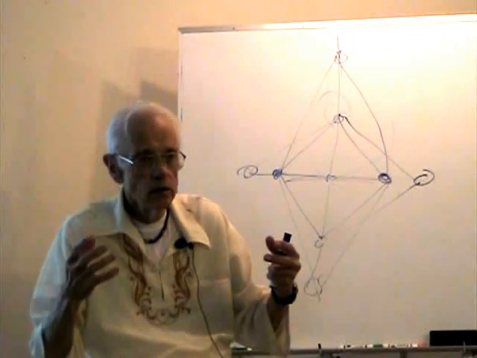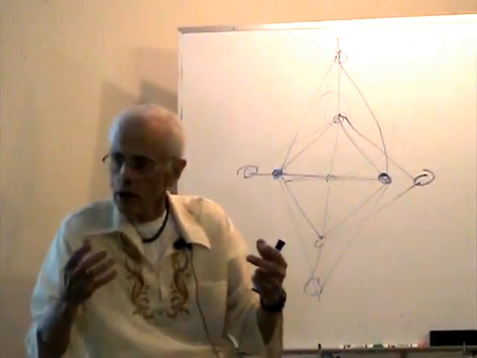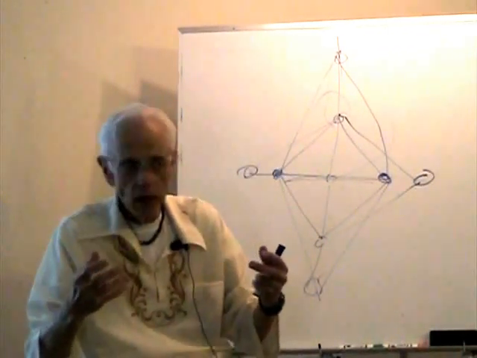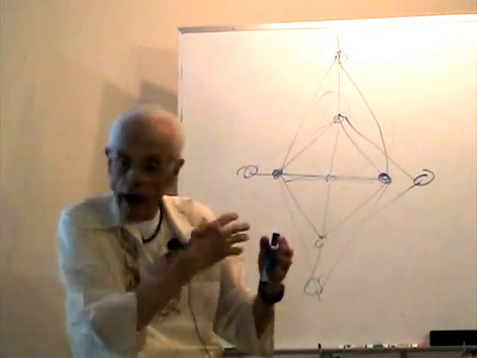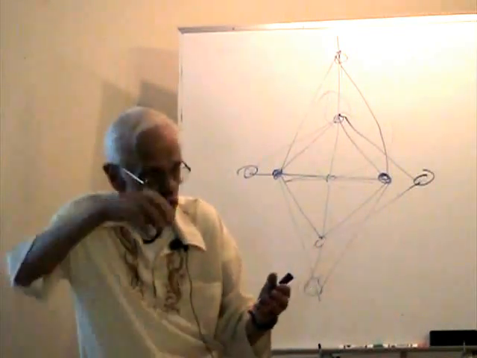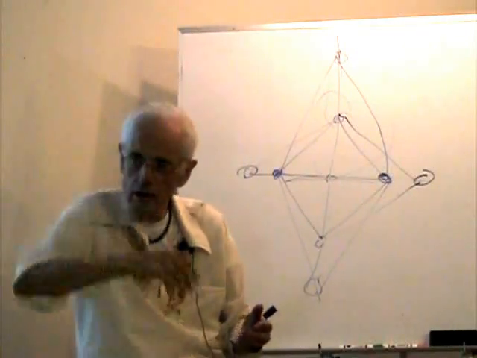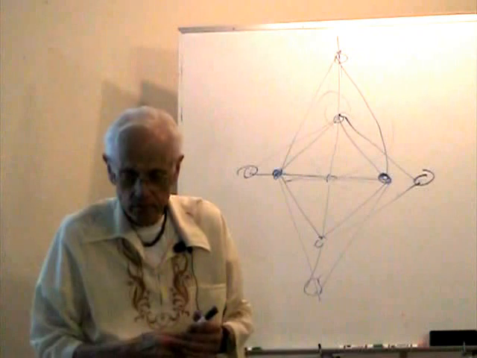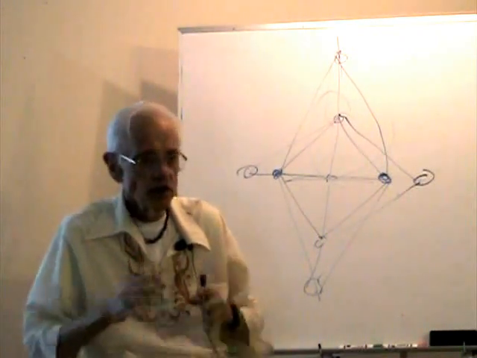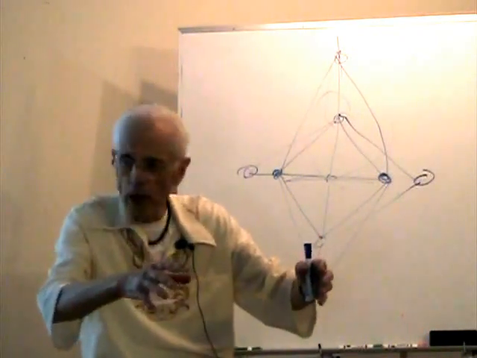Now, these two pillars, you're expected to be able to activate those two. But there's a third one in the middle that you don't see, and that's the primary one. That gets you into the temple in the proper way.